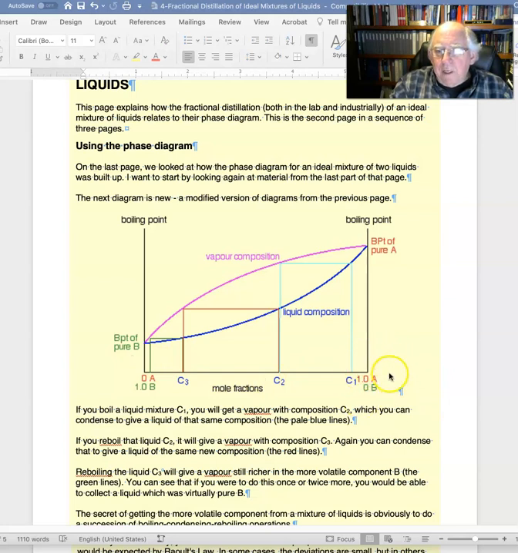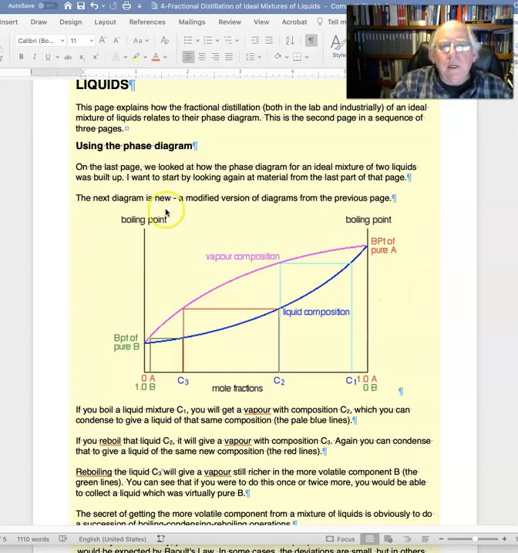Fully over on the right, we have all of A, and we know that A is the less volatile component, again because it has a high boiling point or a low vapor pressure.